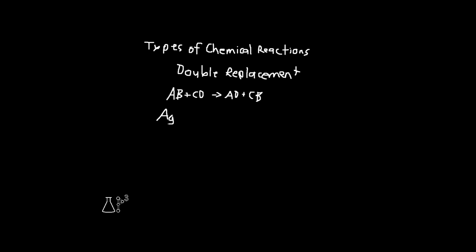You have silver nitrate, and that reacts with sodium chloride, and that would form silver chloride and sodium nitrate. So that's a good example of a double replacement. You can see the silver and sodium switching places in their respective compounds. So that would make it a double replacement reaction.